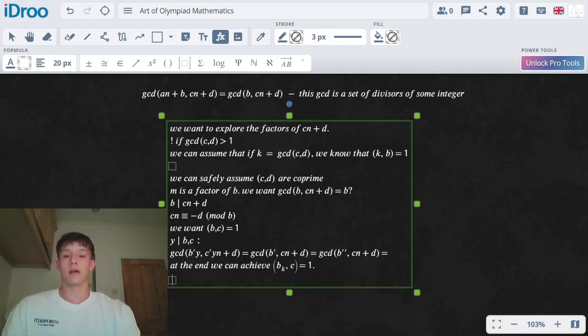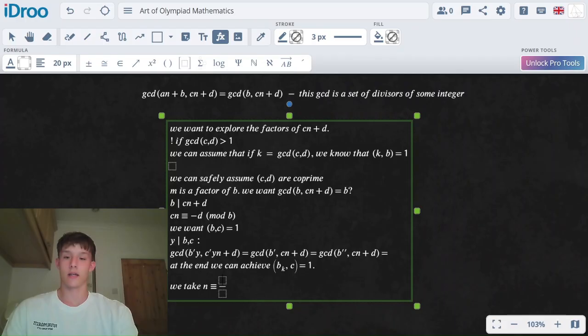And after this, we can conclude that we take n that is equivalent to minus d over c mod bk, and that's all good.